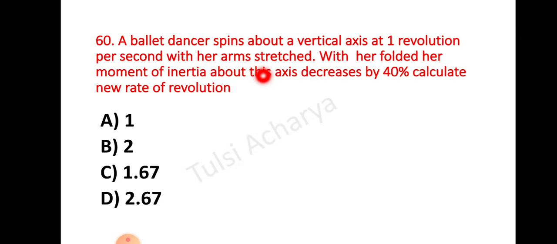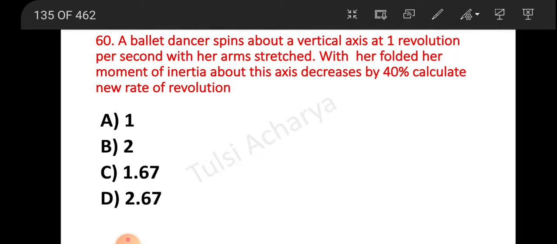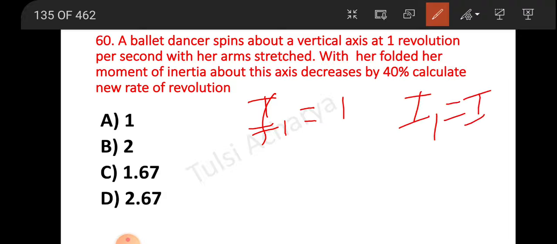A ballet dancer spins about a vertical axis 1 revolution per second with her arm outstretched. When her arm is folded, the moment of inertia about the axis decreases by 40%. This is the same as the previous question. We know that I1 is the initial moment of inertia, f1 is given as 1, and let I1 be I. We need to find f2.